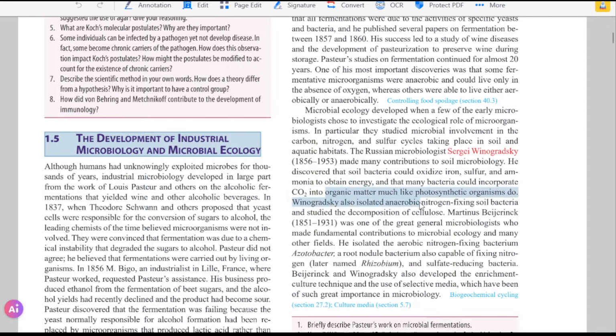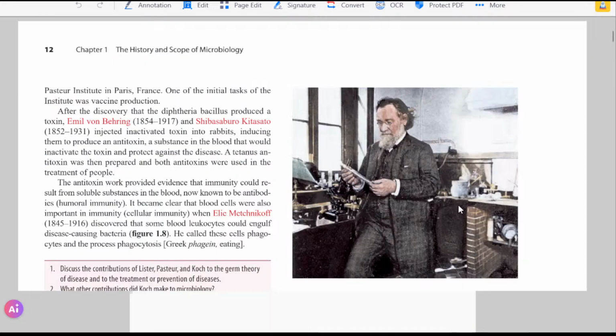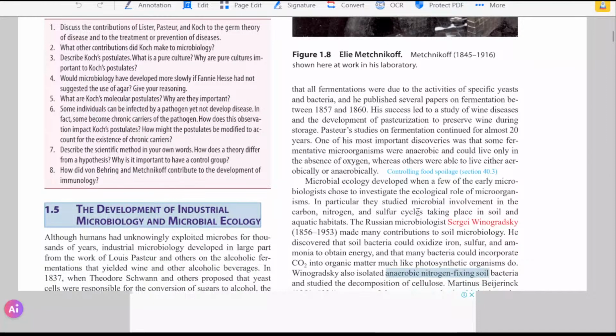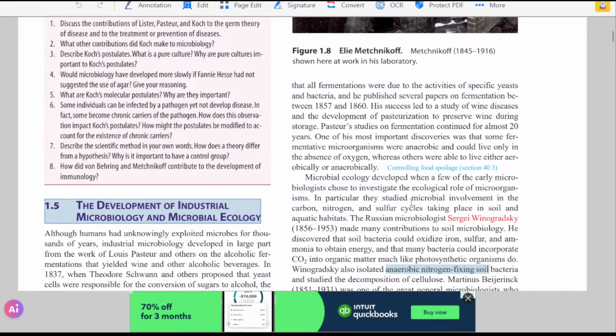He also discovered photosynthetic bacteria like cyanobacteria. He also found the anaerobic nitrogen fixing bacteria as well. While I think Beijerinck also discovered the aerobic nitrogen fixing bacteria.